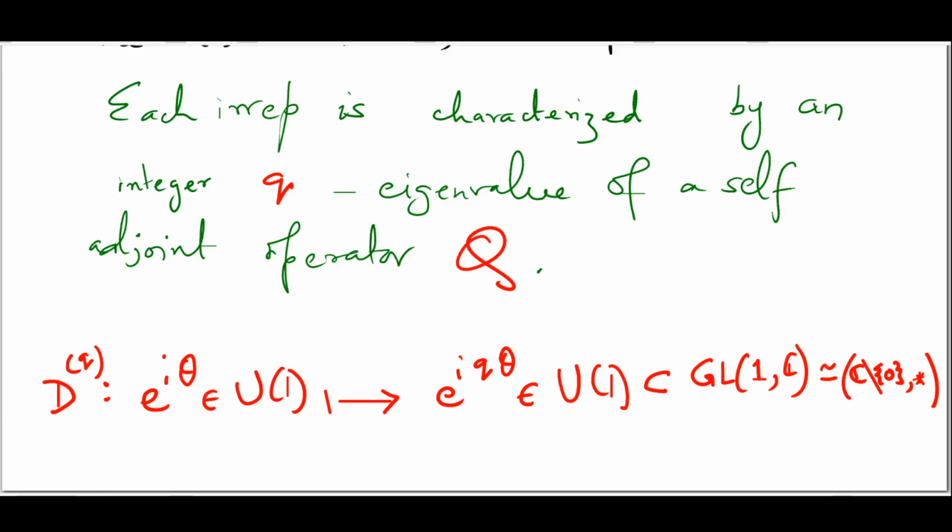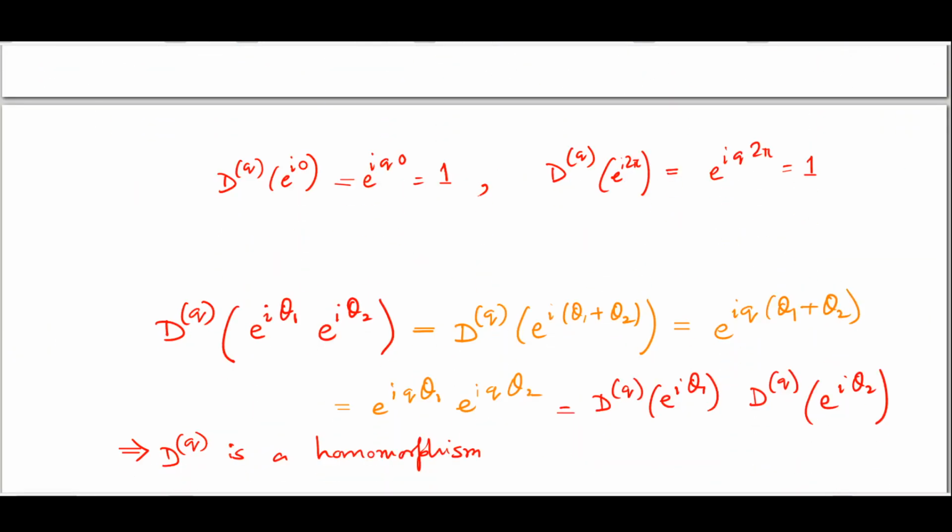And just to check whether this really is a representation is really trivial, but still, let us go through the motions anyway. Notice that the identity element has to map onto the identity of the group, and the identity element of e to the i theta of U1 is actually 1, e to the i0, and that according to this rule maps onto e to the iq times 0, which is of course also 1.